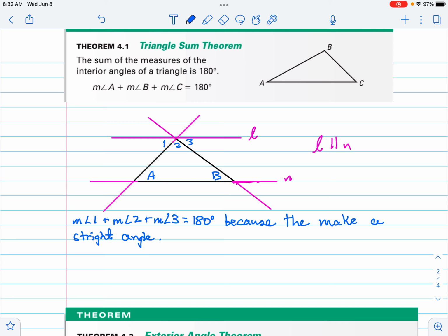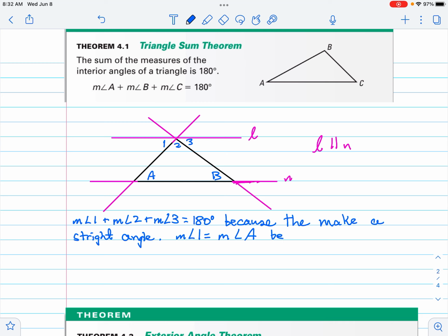Now, we know this, that the measure of angle 1 is equal to the measure of angle A because they're alternate interior angles.